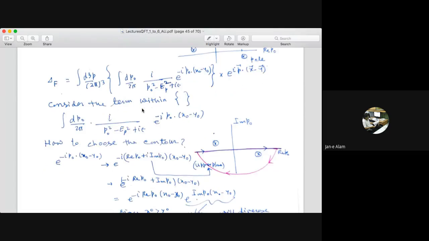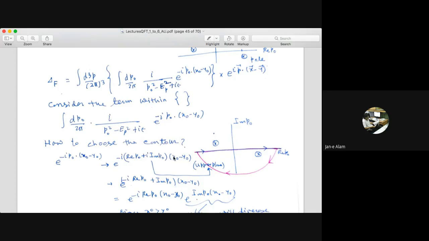And then we have argued that if x naught is greater than y naught, how should I choose the contour? Then e to the minus i p0 (x naught minus y naught) appears here, and x naught is greater than y naught, so this is positive. I can write p0 in the upper half plane as real p0 plus i imaginary p0.